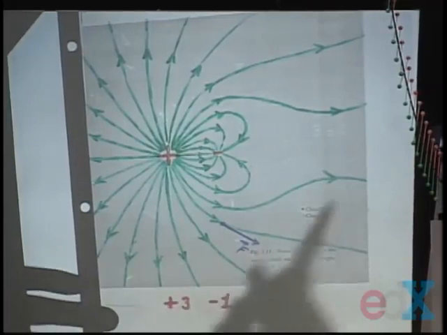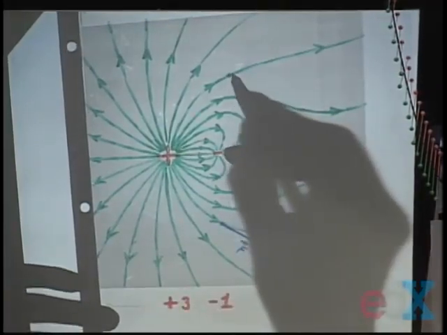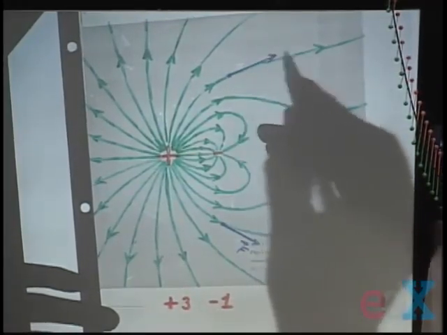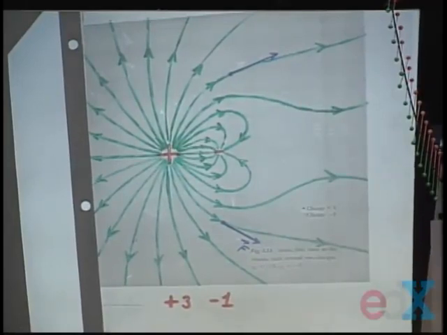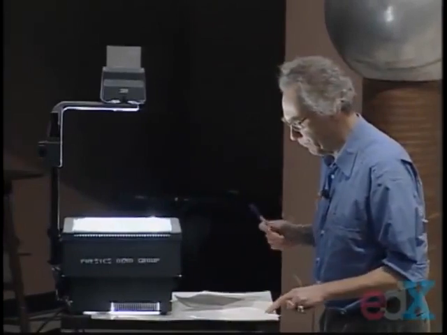That is the meaning of these lines. So if I'm here, the force will be in this direction. If I put a positive charge here, the force will be in this direction. And of course, if it's a negative charge, the force flips over.